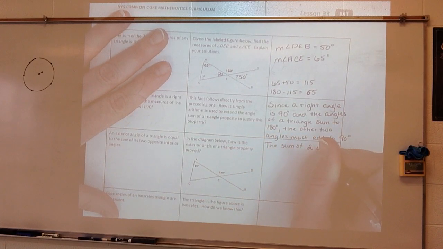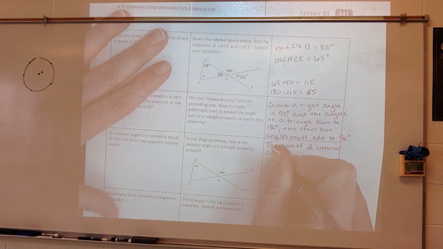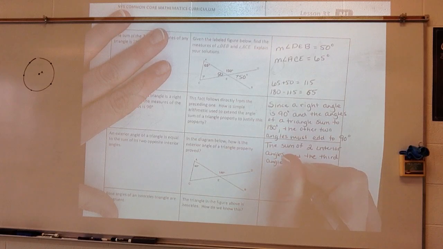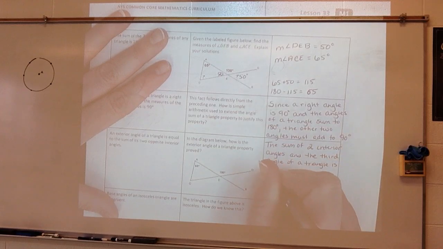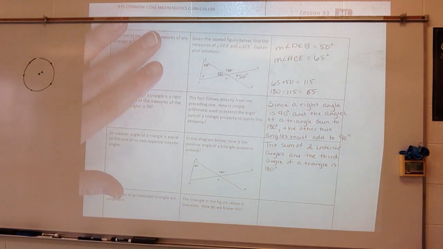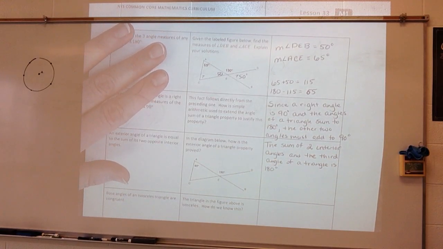So the sum of two interior angles and the third angle of a triangle is 180 degrees. Which is equal to the angle sum of the third angle and the exterior angle.